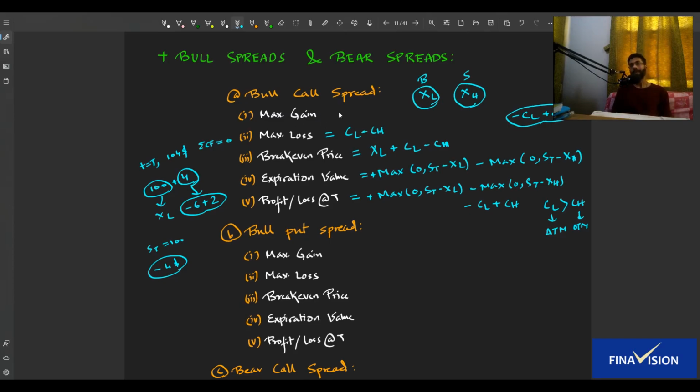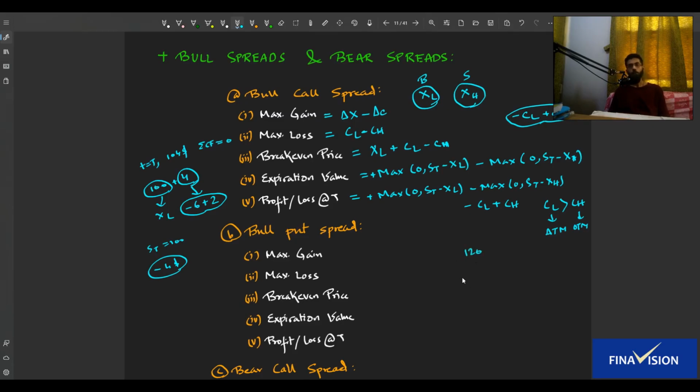And maximum gain, when does this occur? Maximum gain occurs when the stock price exceeds the higher strike price at expiry, and the amount of maximum gain is equal to the difference between the strike prices minus the difference between the premiums. Let's say in our example, the price reaches 120.